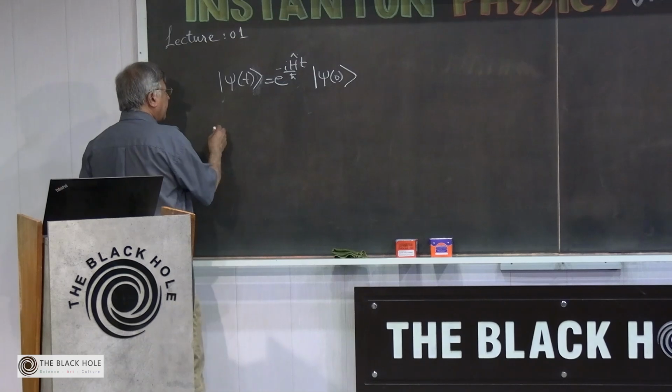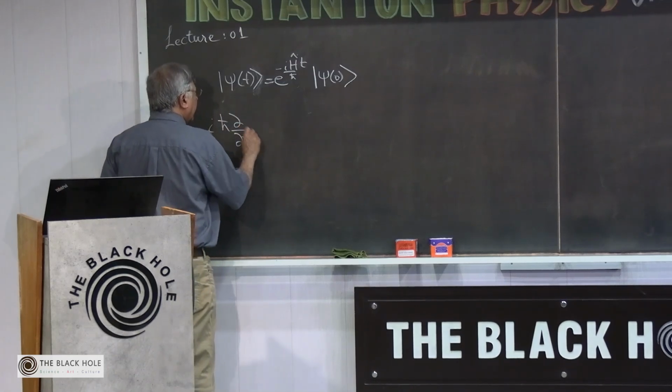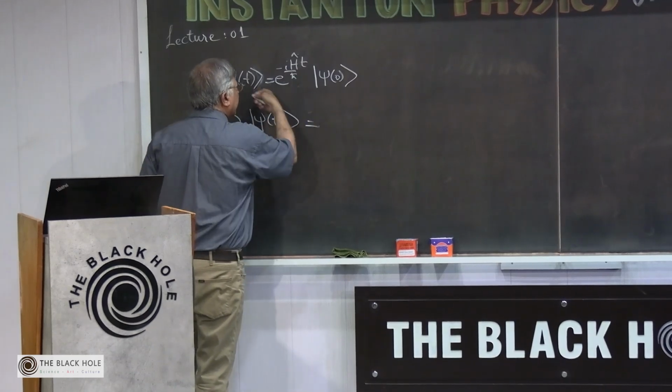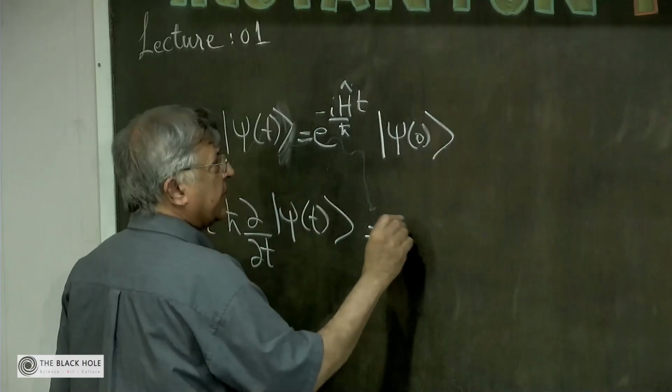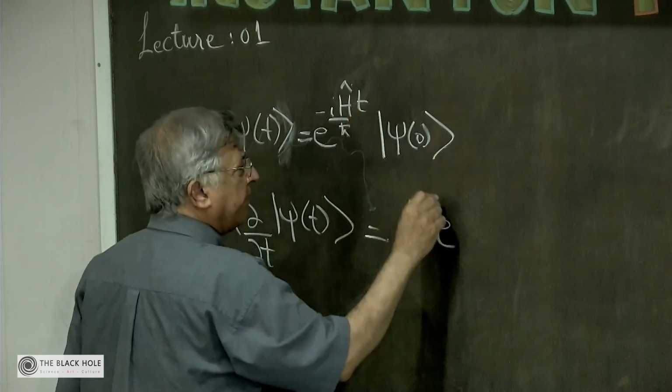This is actually nothing but the Schrodinger equation, because if I do this, i h bar d by dt psi of t, well, what do I get? So this comes down over here. So this becomes h bar, and then the same thing.